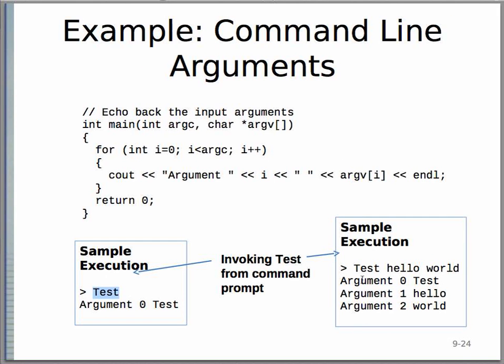If you run test with a couple of command line arguments, like the two strings hello and world, you'll just print them out. Argument 0 is test. The test goes into argv sub 0, the hello goes into argv sub 1, and the world goes into argv sub 2, and then you just see them printed out.